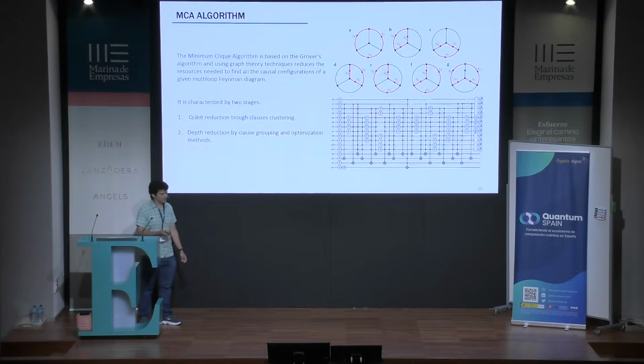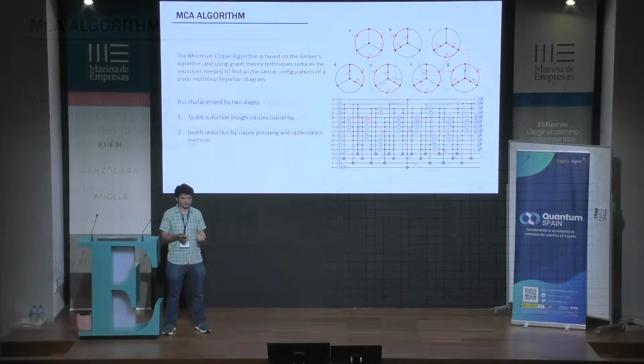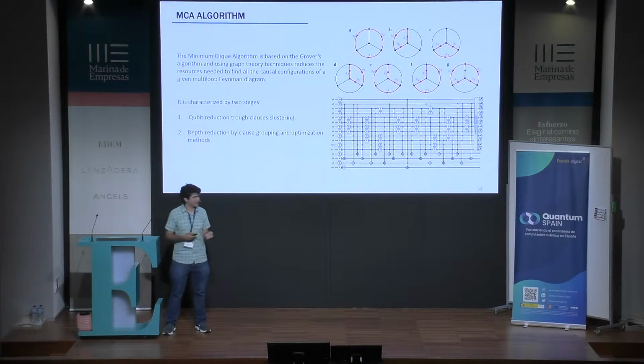So we implement something called the minimum clique algorithm. It's a Grover-based algorithm that utilizes graph theory to reduce the parameters, and is characterized by two stages: the qubit reduction through clause clustering, and the depth reduction by clause grouping and optimization methods.